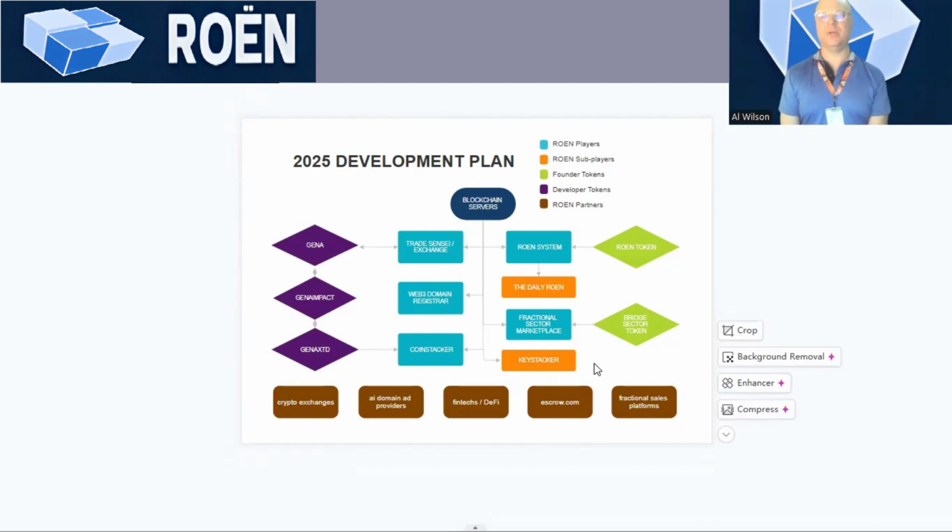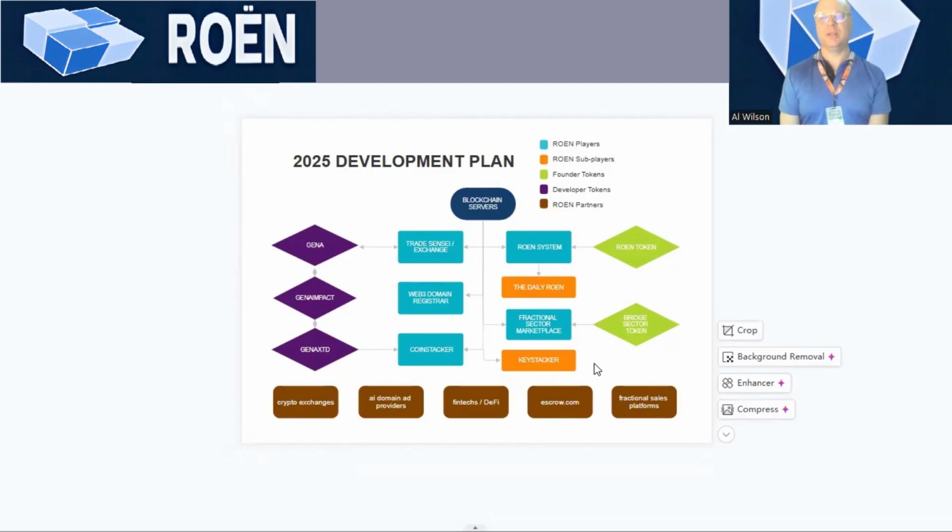Fintechs and DeFi will find the Roën system of decentralization viable for on-chain trading. AI domain ad providers are essential to the client revenue stream on sign-up of user domains.